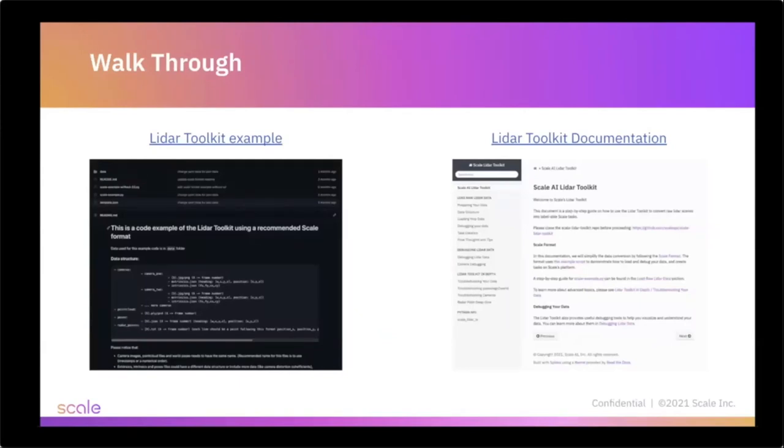But if you prefer a more in-depth explanation, you can follow the Scale API documentation, which is linked on that README. On this repository, you are also going to find a template script and some dummy data, which you can use to test the LiDAR Toolkit and create your first LiDAR task.